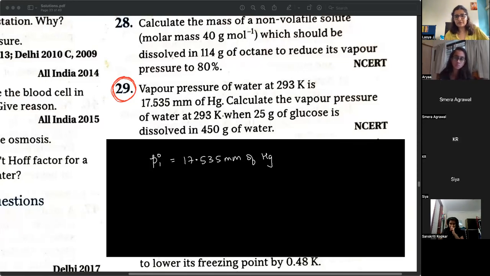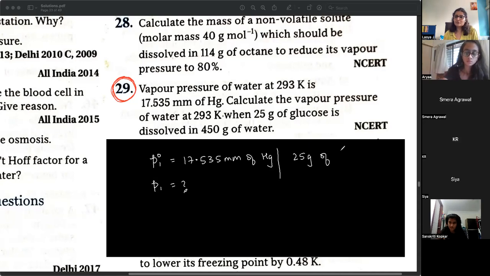Calculate the vapor pressure of water at the same temperature, so you don't have to worry, when 2.25 grams of glucose is dissolved in 450 grams of water. Do you guys remember the formula of glucose?